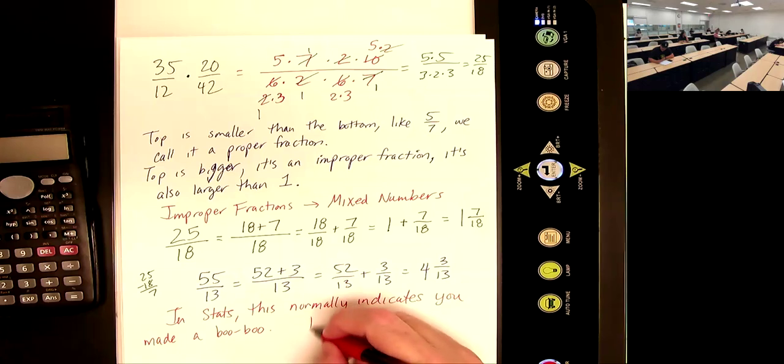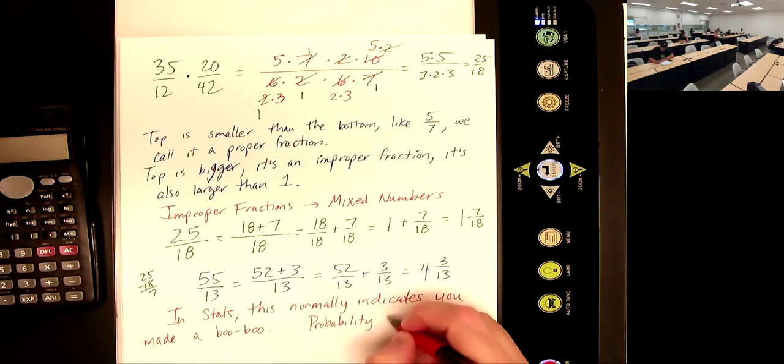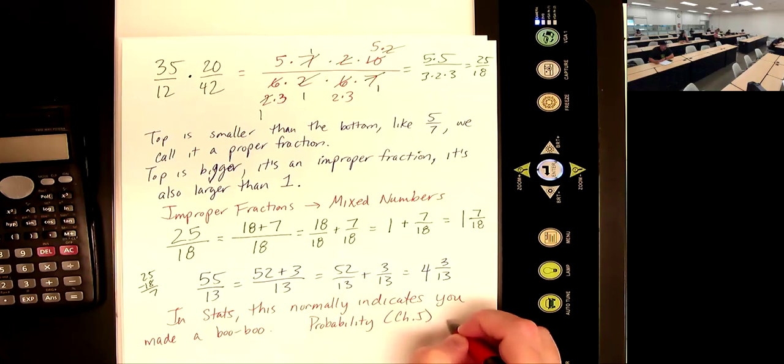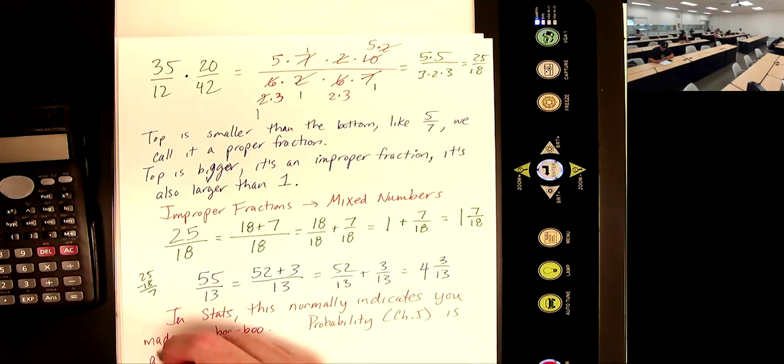Because probability, as we'll see when we do chapter 5, is always between 0 and 1. So if you have a number larger than 1, it can't be a probability. And that's what a lot of stats is, it's like a probability or proportion of the whole.